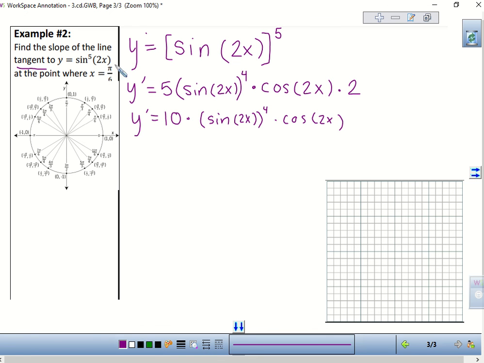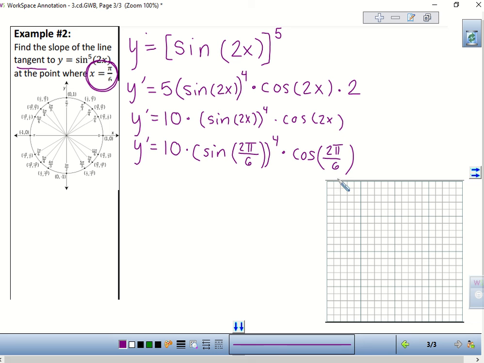So it wants to know at the point where x equals pi over 6. So we're now going to plug pi over 6 in for x. So we get 10 times sine 2 pi over 6 all to the 4th power times cosine 2 pi over 6, like that.